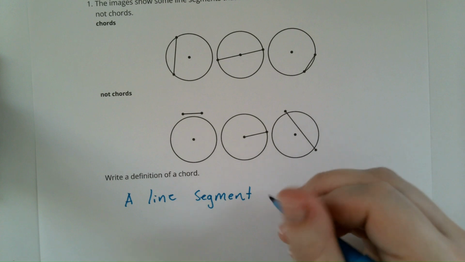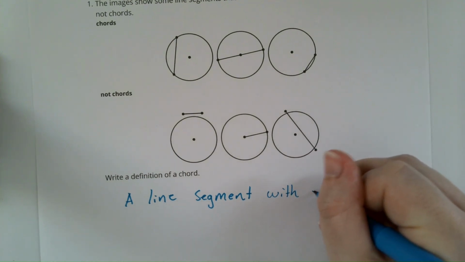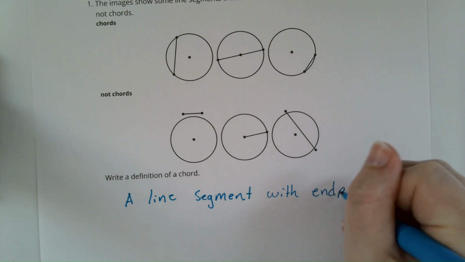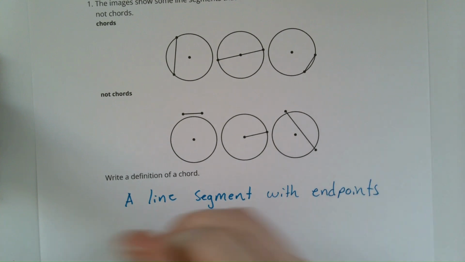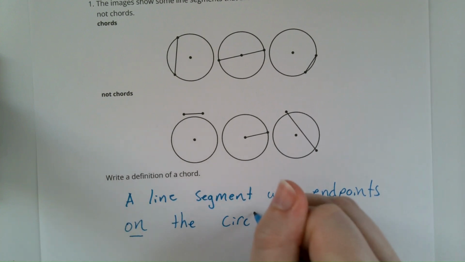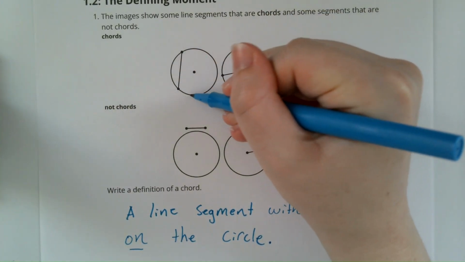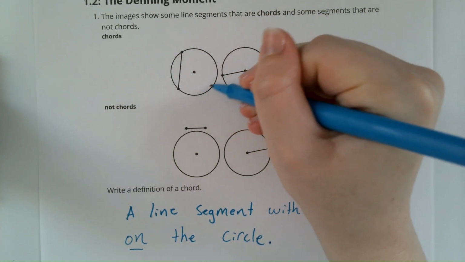So a line segment with endpoints on the circle. And when we say on the circle, we mean on this black border here.